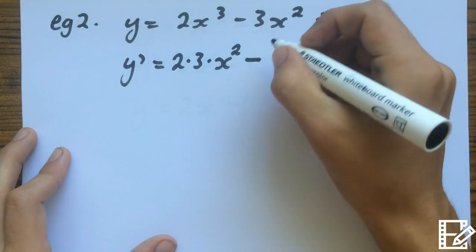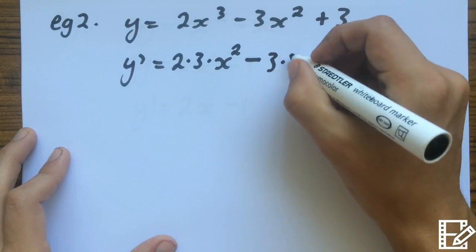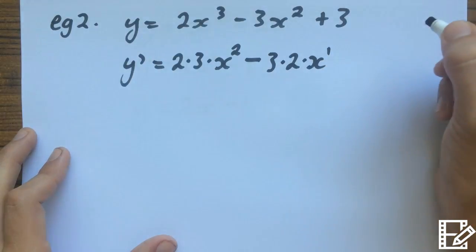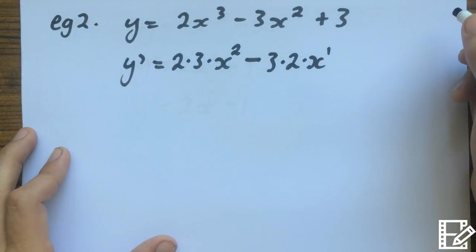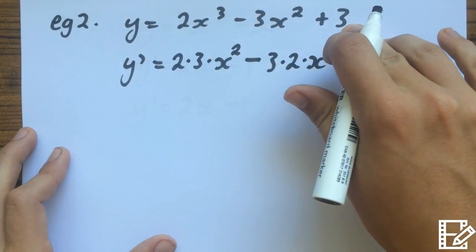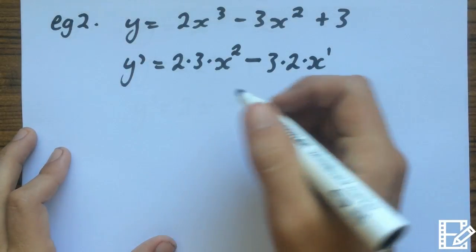The derivative of 3x squared is, we have a 3, we'd bring the 2 down, multiply it, and we'd take 1 off the power, so we'd have x to the power of 1. And we wouldn't add anything on because the derivative of a constant or a number is nothing, 0. You get rid of it.